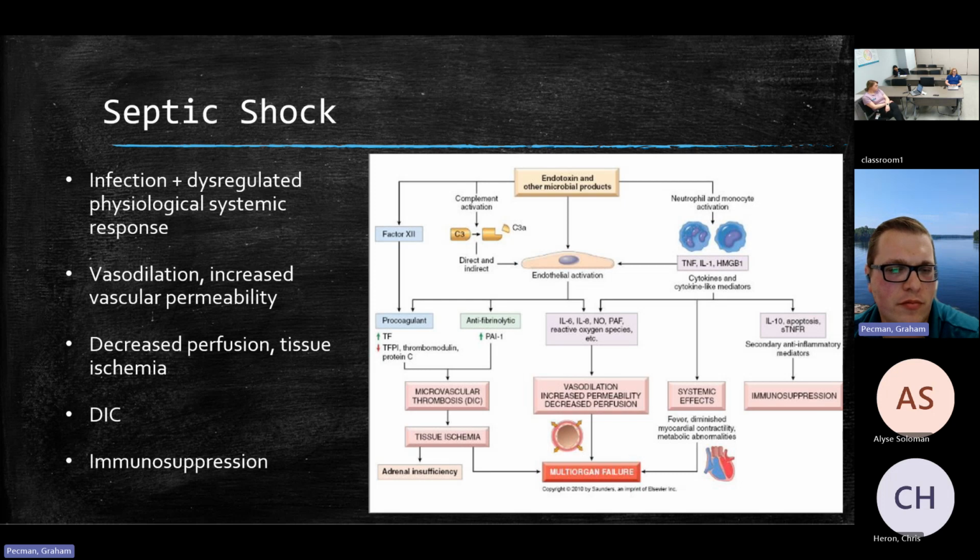So it's the same physiological mechanism that's occurring in both anaphylaxis and neurogenic shock once you reach this shock state.